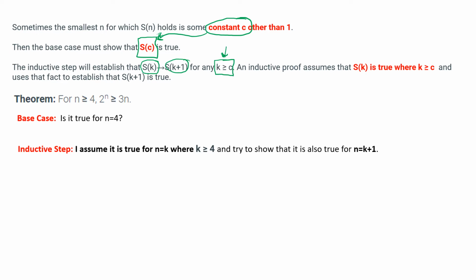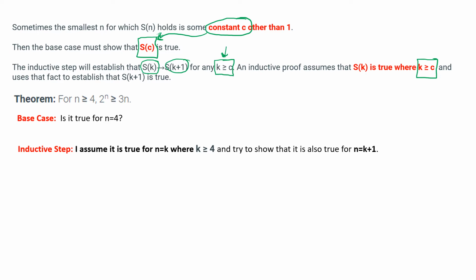So really the only difference here, and I hope I'm not confusing you, is that we've added this extra little thing, whereas before it was as long as k is greater than or equal to 1. Now maybe we would only care about all k's greater than or equal to some other number like 3. Okay, so let's look at this example here.